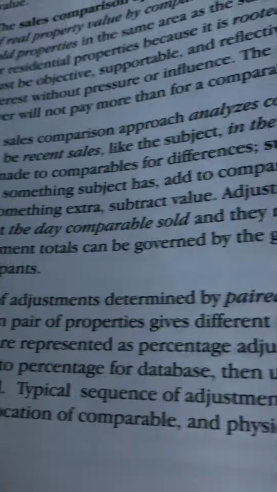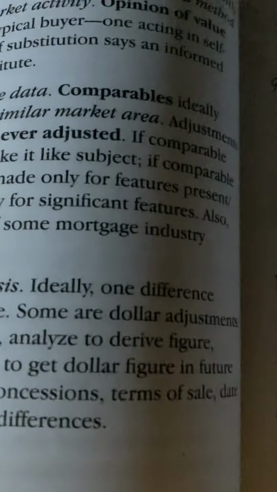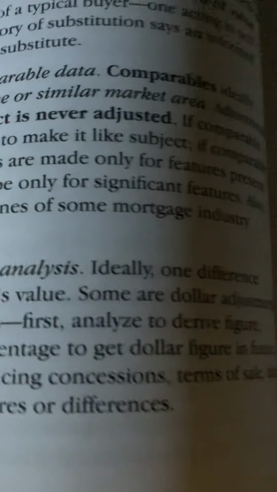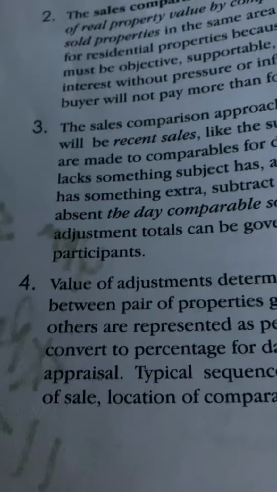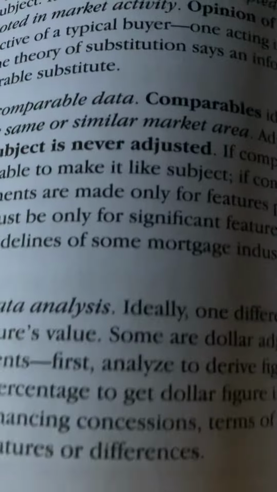Convert to percentage for database. Then use percentage to get dollar figure in future appraisal. Typical sequence of adjustments: financing concessions, terms of sale, date of sale, location of comparable, and physical features or differences.